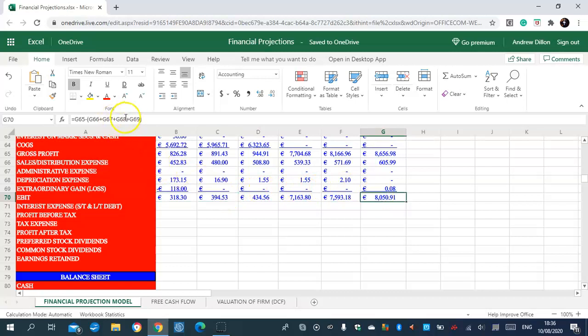That's excellent. Yeah, interest expense, short-term and long-term debts.